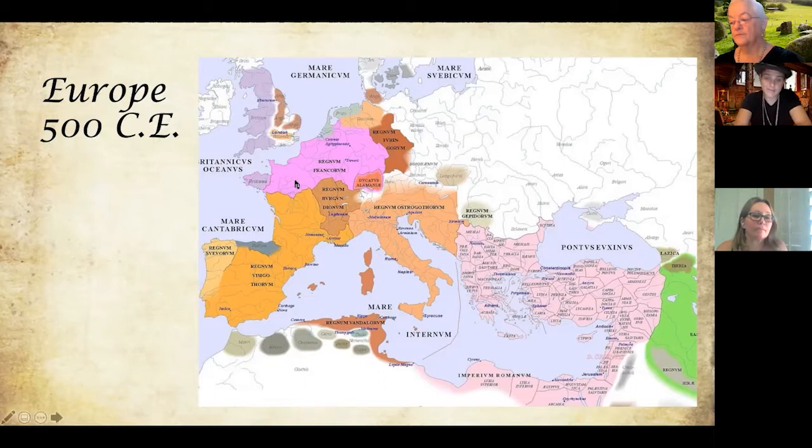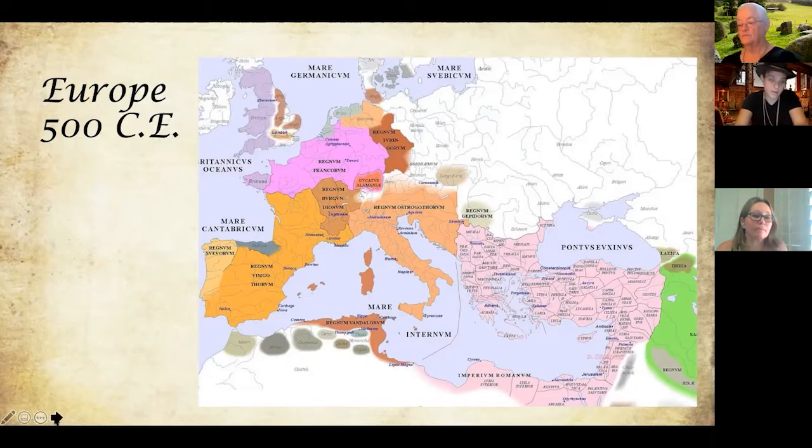We have the Franks in the north, we have the Visigoths in the south, and we've got a bunch of different groups in between. And we've got the ancient Britons and a lot of the Celts forming in the Isle of Britain. And then down in the very south, we have the North Africans because they were part of the Roman Empire as well. Yet at this point, they are starting to evolve away from a central unified culture with the rest of Europe.